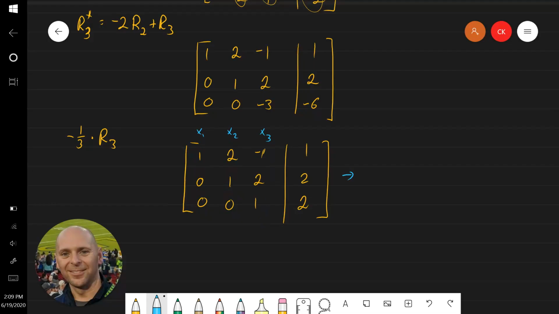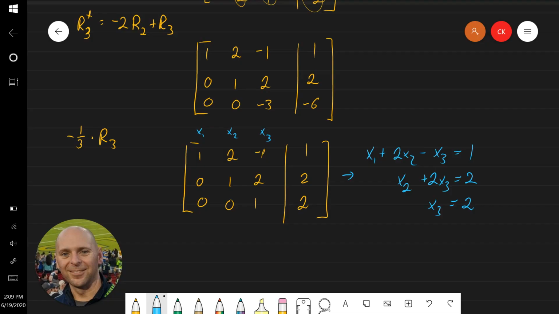So I could rewrite this now as x1 plus 2x2 minus x3 equals 1. And we have a 0 coefficient on x1, so we don't write it down. And I get x2 plus 2x3 equals 2. And then in our third equation, or third row, I have x3 being equal to 2.